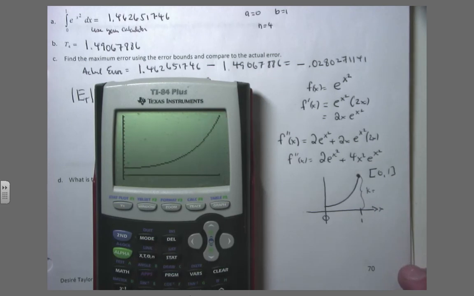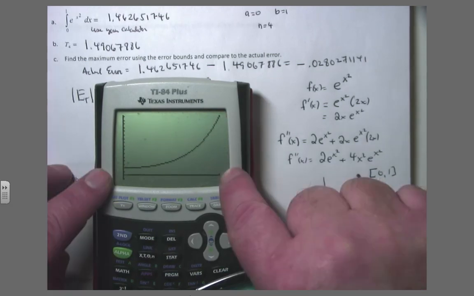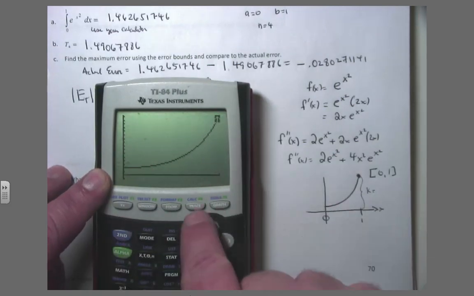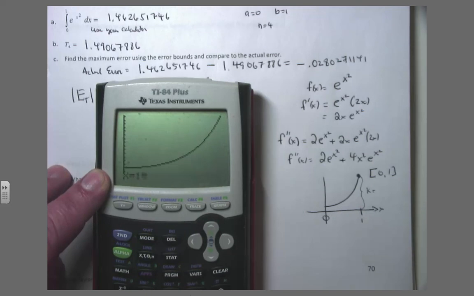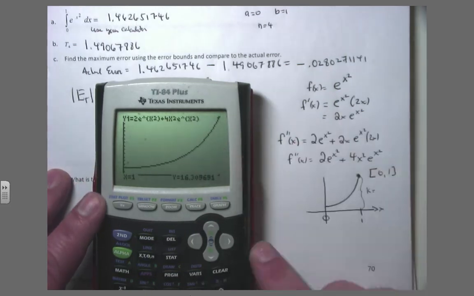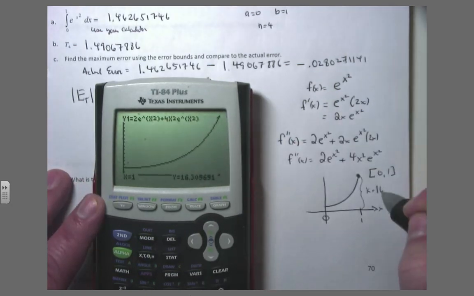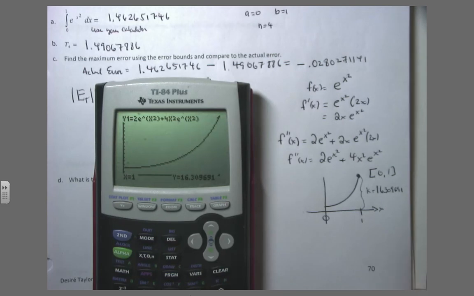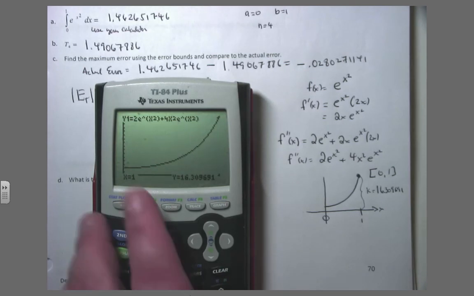So to calculate what k is going to be, I want to evaluate where the farthest point is, which is at 1. So calculate the value at x equals 1, and the y coordinate is 16.309691. That is my K value.